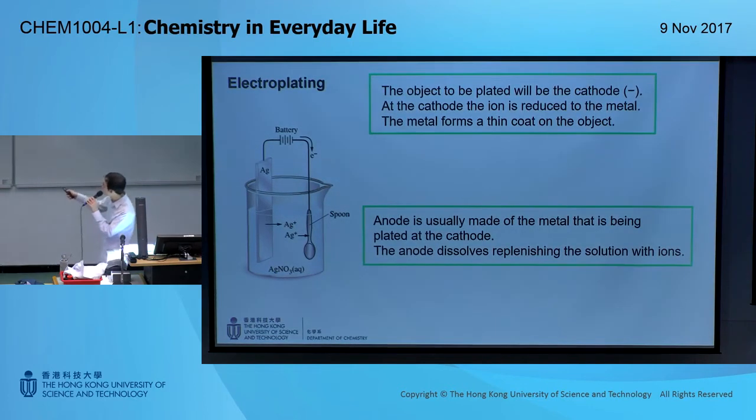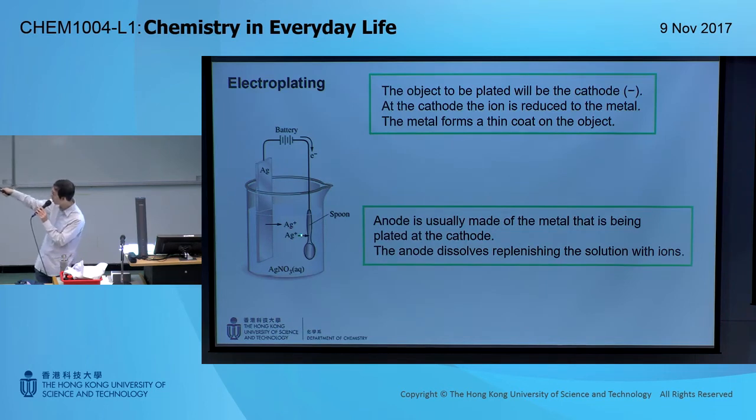But just to understand the chemistry, we put the object to be plated as the cathode, where the reduction takes place, and we have a bath of the solution containing the ion of the metal. So here, silver plus. The metal will deposit onto it as a thin coating, and if you do it properly, then you have a shiny, nice coating at the cathode. At the anode, what can we use as the anode? The anode is usually made of the metal that is being plated.